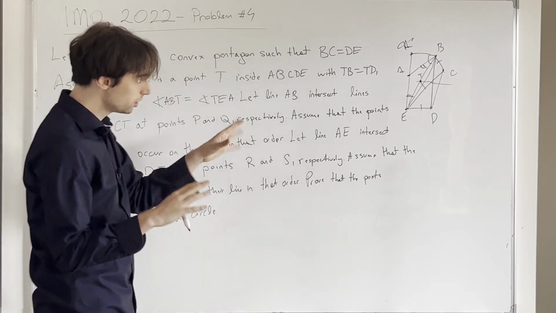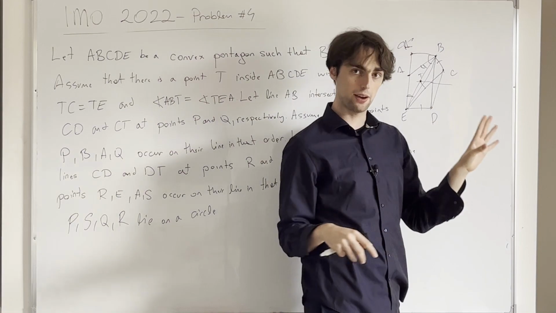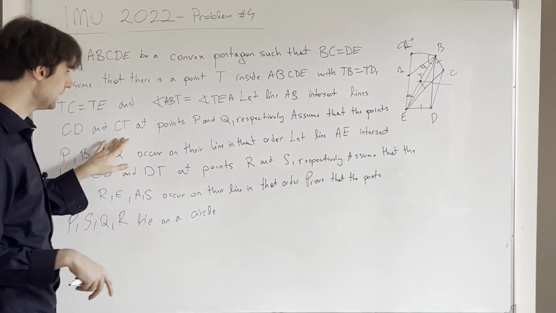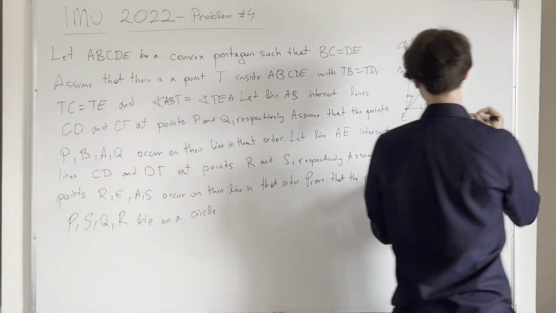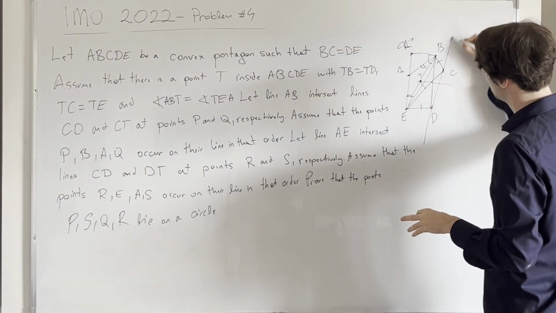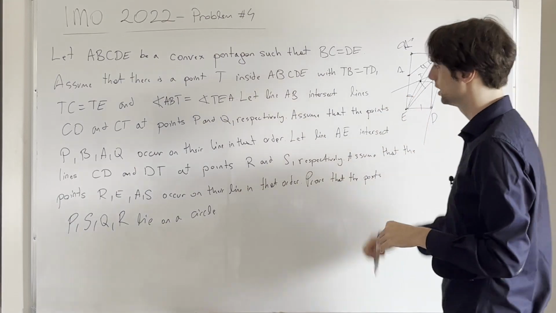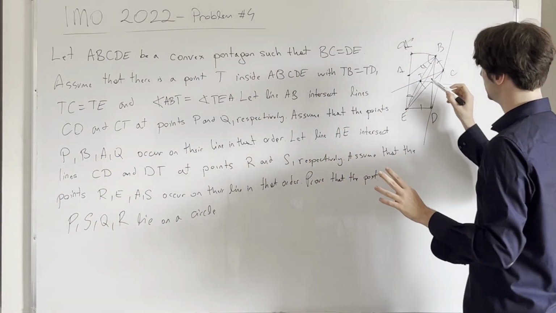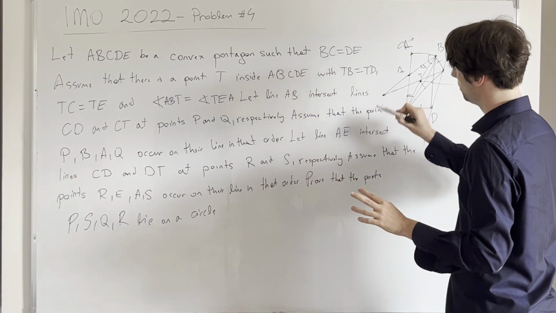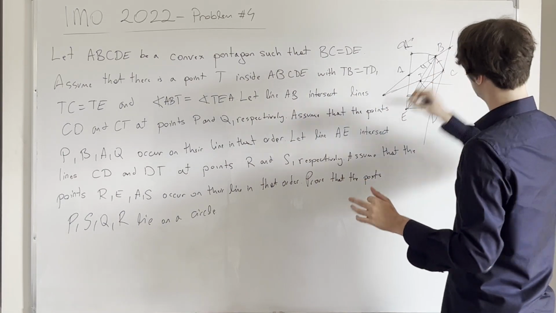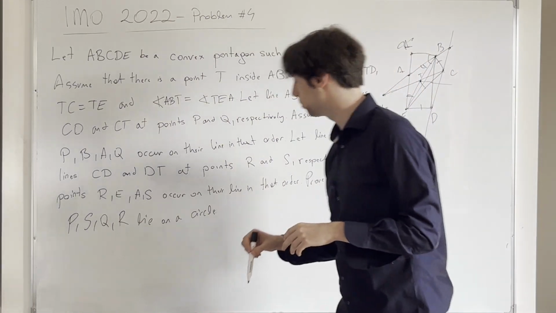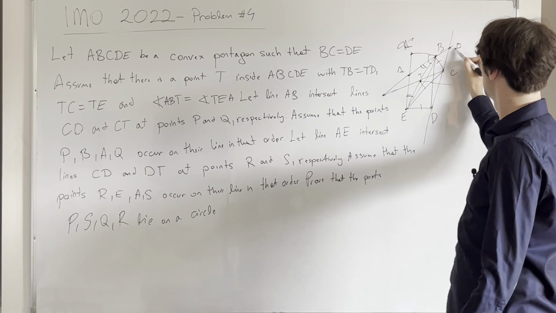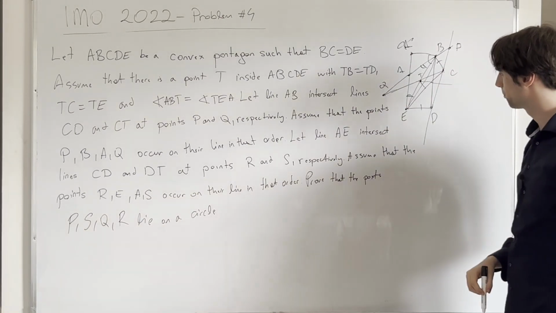We're going to continue on with this messed up diagram. Let us see what else we have. CD and CT: line AB intersects these, so line AB intersects over here at points P and Q, such that this is true.